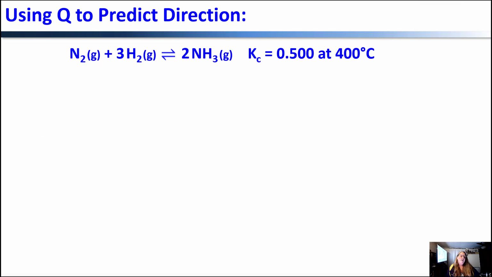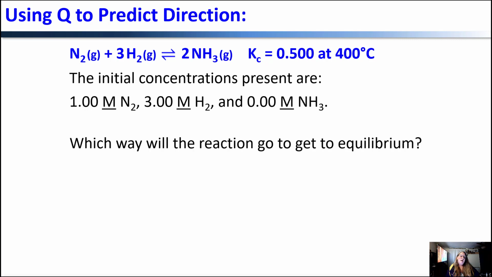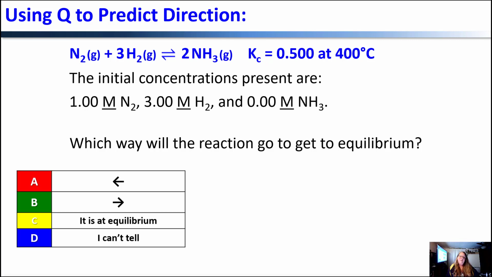So let's take a look at this. I have nitrogen gas and hydrogen gas, and we're going to make ammonia. We know what our Kc is, and you know what your molar concentrations are for each of these compounds. Which way will the reaction go to get to equilibrium if I know that I'm starting off with 0 ammonia?